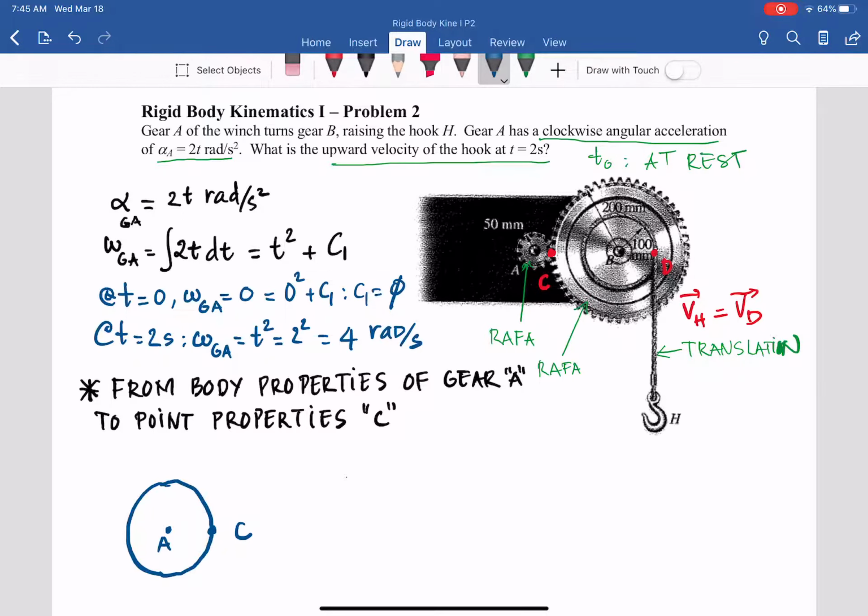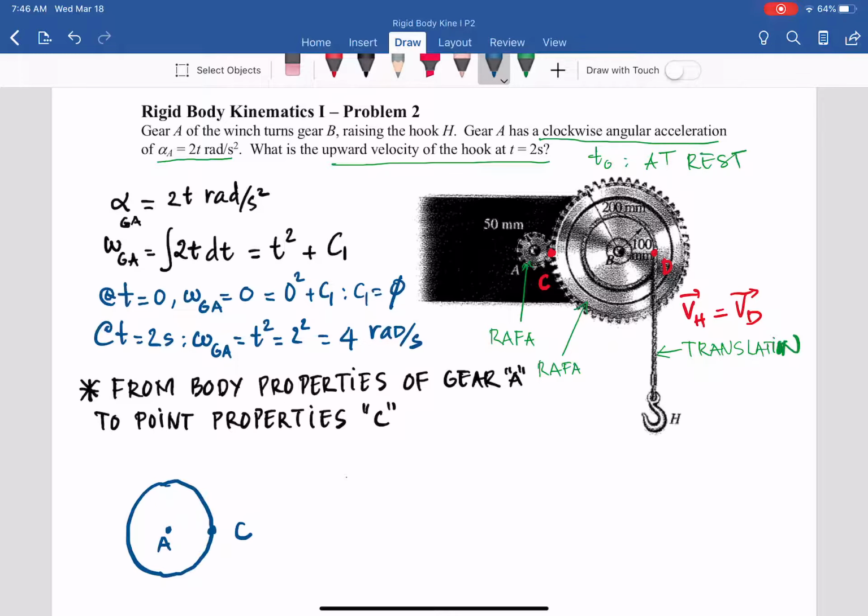Whether it's clockwise or counterclockwise, it's very important. We need to find out the omega GA direction. There are two ways that you can find it. The first one, they say the hook is raising up.